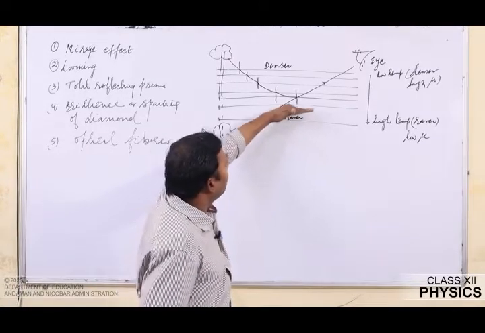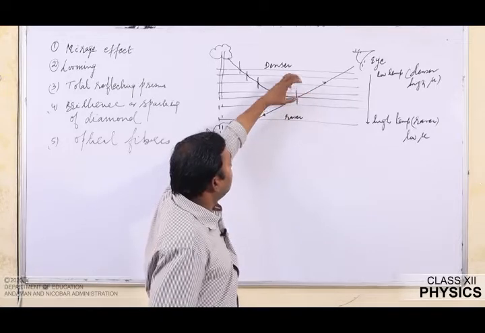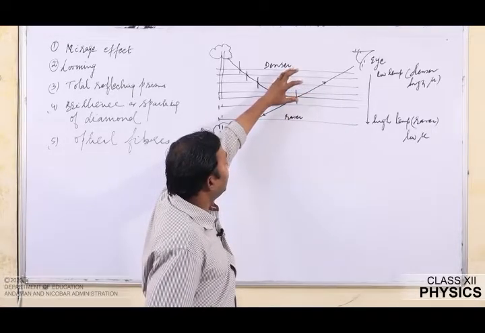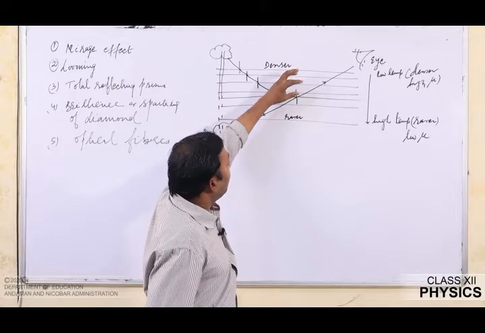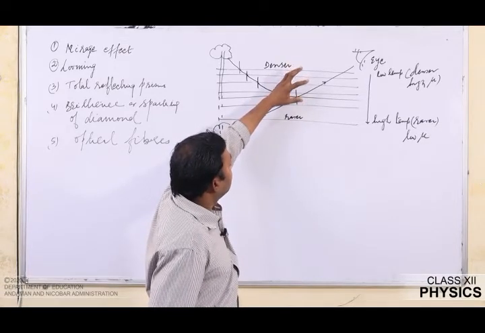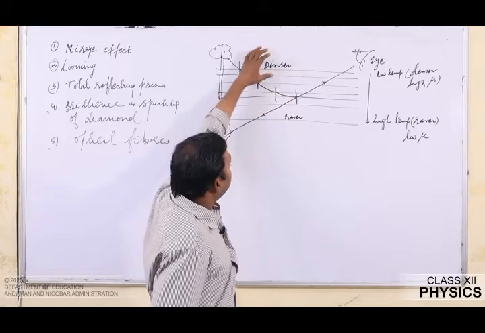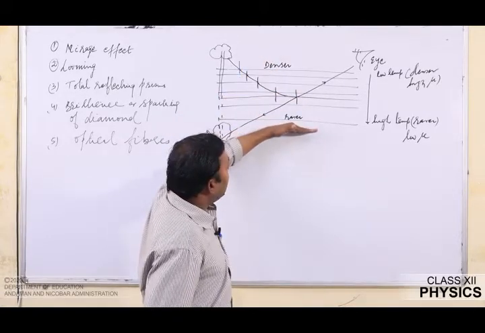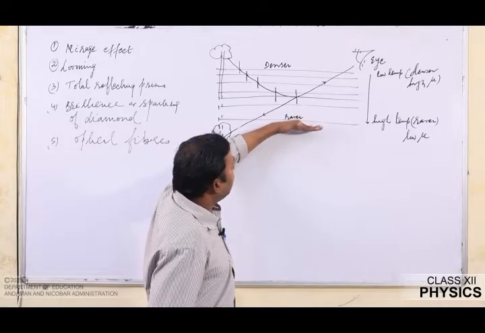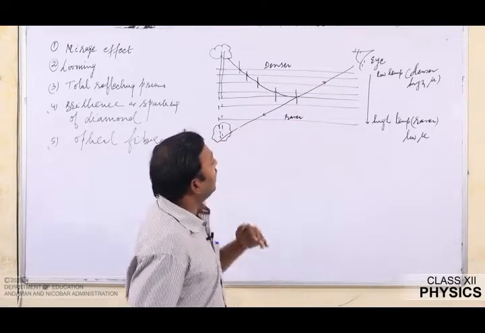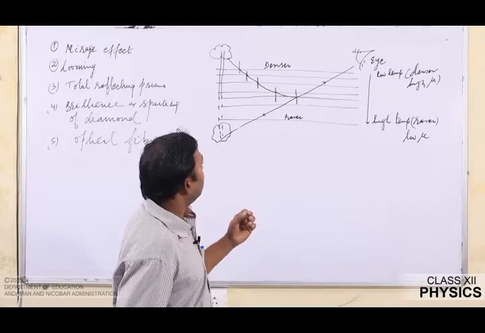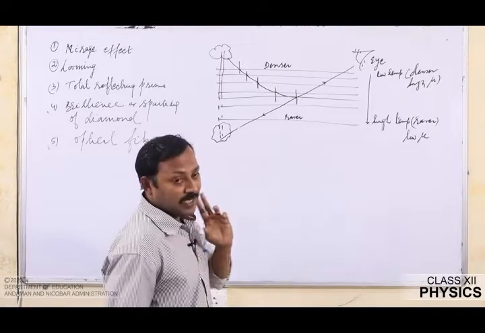As we move into the upper layers, the absorption of heat is low, so the molecules do not move apart and comparatively the medium becomes denser. So, the denseness increases as we move from the lower surface to the upper surface. In this way, we get two requirements, a denser medium as well as a rarer medium.